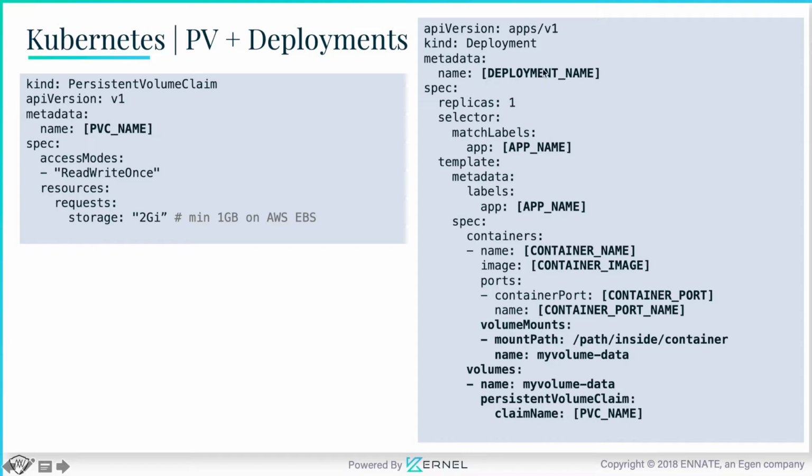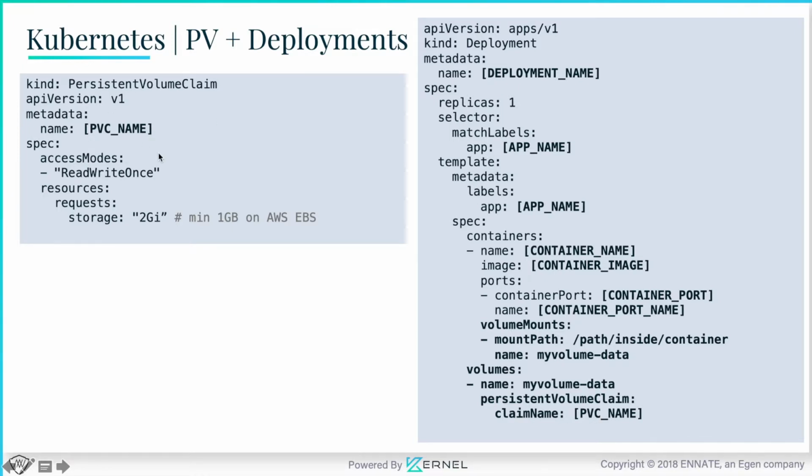Pretty simple. The rest of the stuff is pretty standard: name of the deployment, name of the app, the labels to match it, name of the container, image, ports, everything. This is the important thing here. Instead of giving the volume ID from your AWS EBS, you just refer to the name of the PVC. There is a property called persistentVolumeClaim in the volumes list. You just refer to the PVC, and that's it.